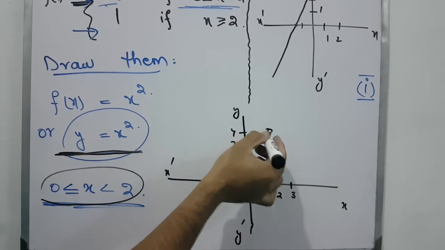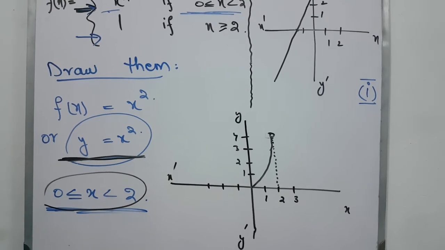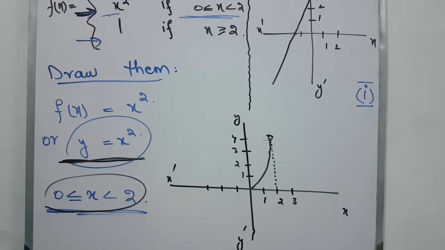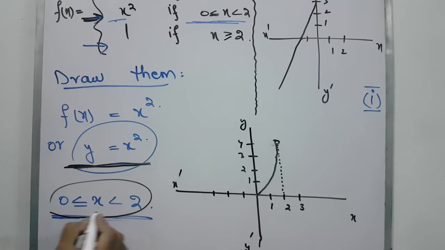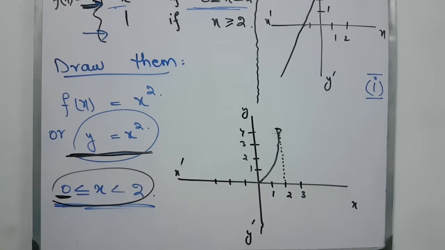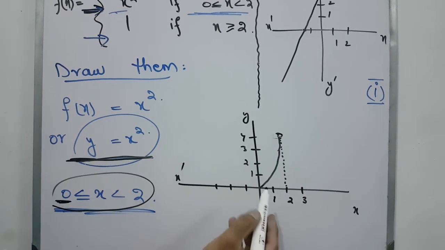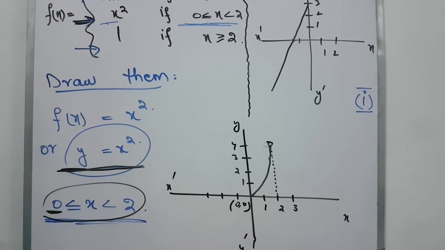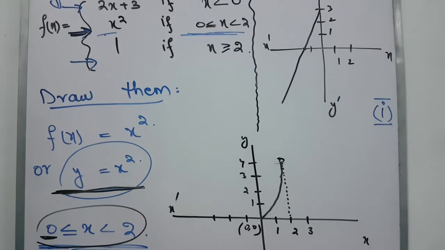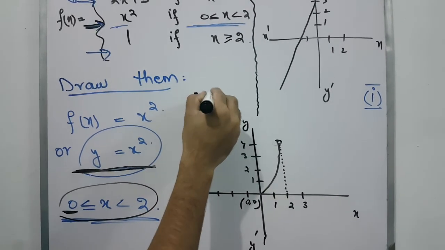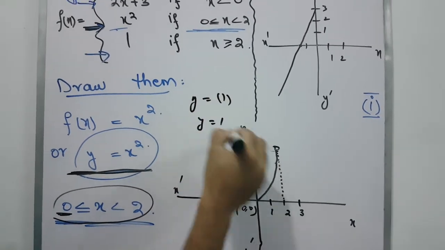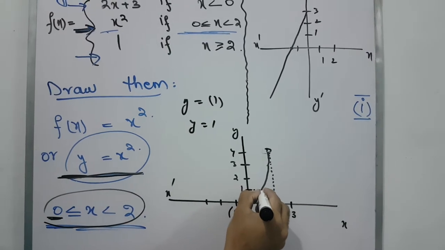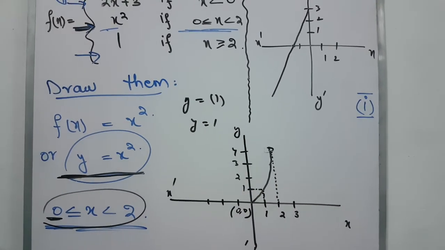So at 2, y equals 4. How do you get y equals 4? In this condition, if you put x equals 0, then y equals 0. When you put x equals 1, then y equals 1.